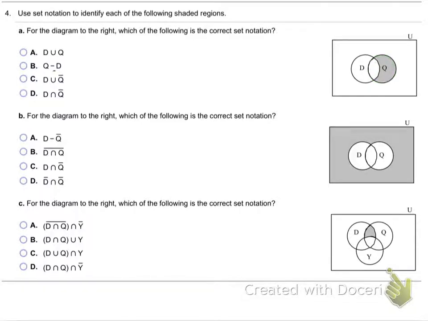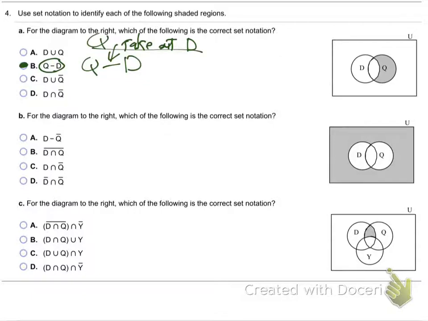If they shaded all of circle Q, it would be this, right? That's all of circle Q. But then the D part has been subtracted out. See how it's Q minus D? That's what that minus means. Subtract. Take out D. So it's Q, take out D.